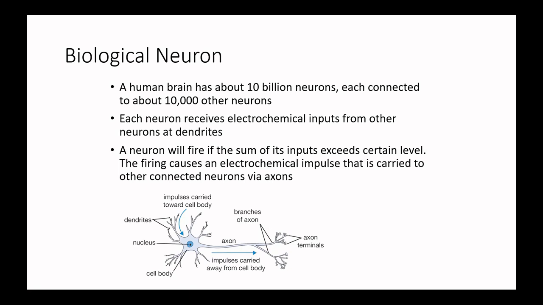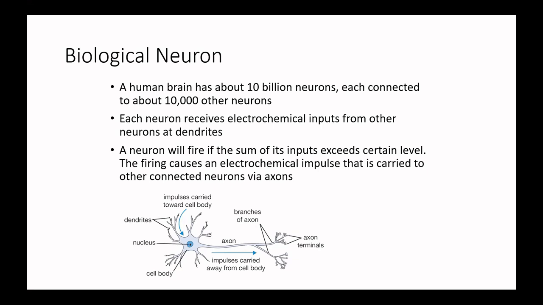In the case of a biological neuron, each neuron receives electrochemical input. You have to remember that it's these chemicals that create disturbances or intelligence in the brain. So these neurons get their signals, which are electrochemical signals. And when the net value of the signal arriving at a particular neuron input exceeds a certain threshold, the neuron fires.